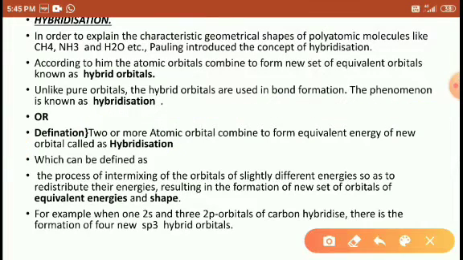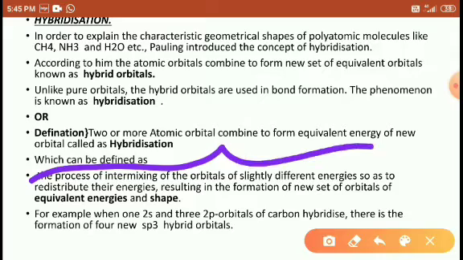Or one more definition: the intermixing of orbitals of slightly different energy. Already I told you, s and p have different energy, p and d have different energy, s and d have different energy, because they have different nuclear charge and different shielding effect. So that's why they have different energy.